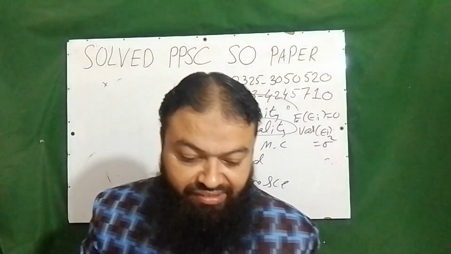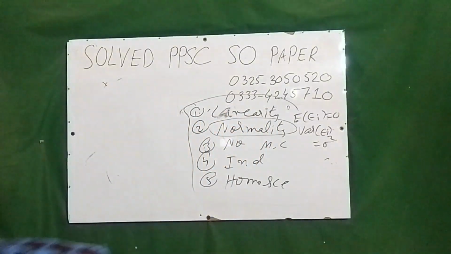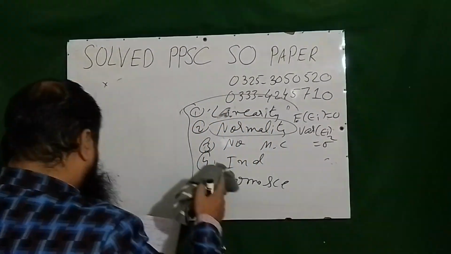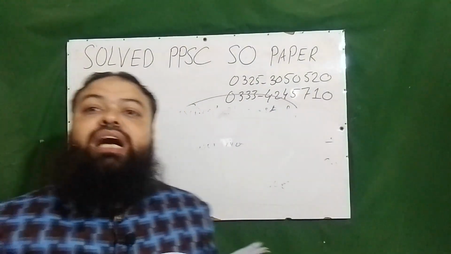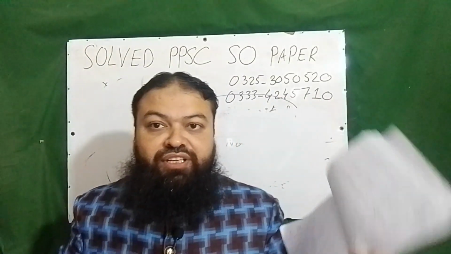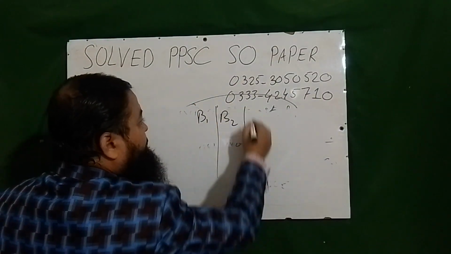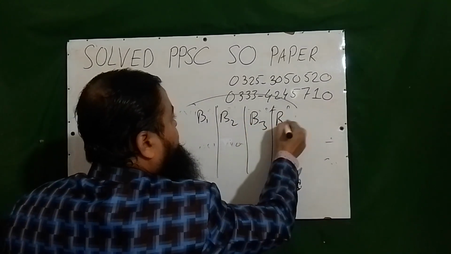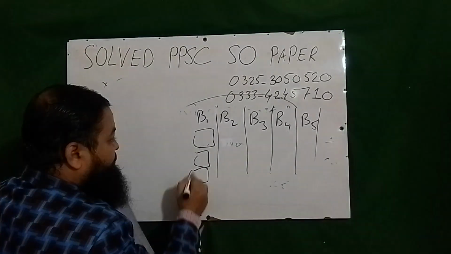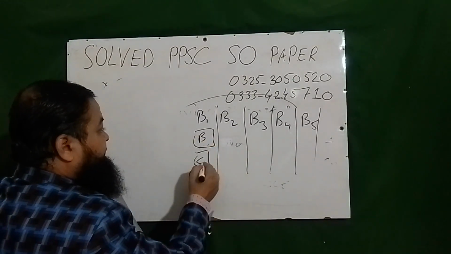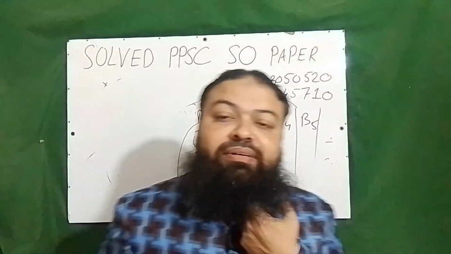Next, the design in which every block does not receive all the treatments but only some of the treatments is called incomplete block design. And when we use RCBD, whenever there is large variation in the data, for example, we have 5 blocks, B1, B2, B3, B4, B5, and there are 4 treatments to be applied, randomly, it is B, it is C, it is A, it is D. Actually, this is the condition in RCBD.